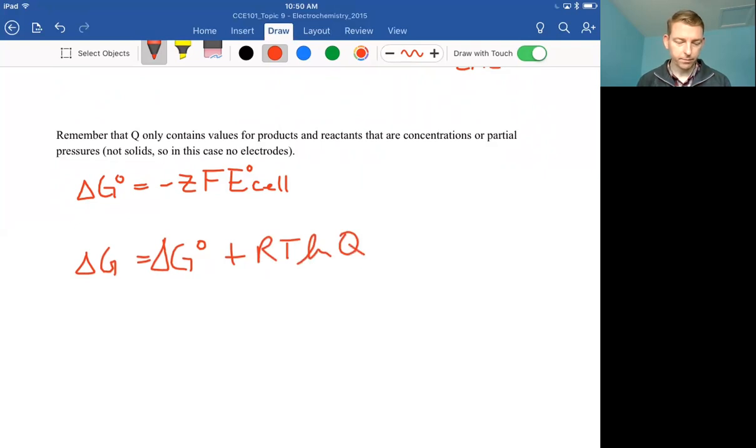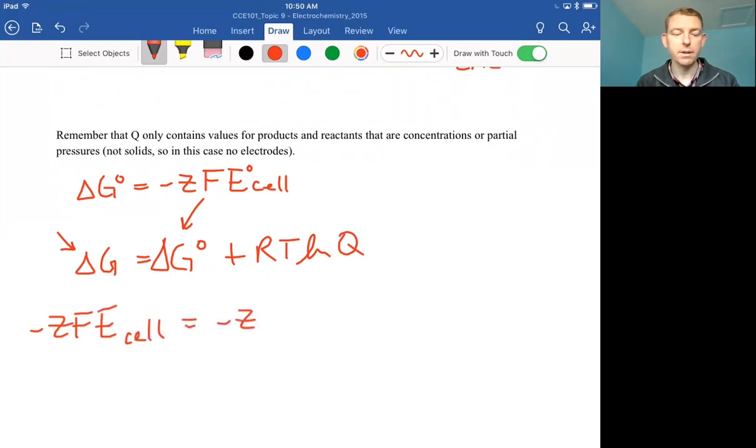So if we plug this in and do something equivalent for the non-standard Gibbs energy, then what we'd be looking at is negative ZF E cell equals negative ZF E standard cell potential plus RT ln Q.